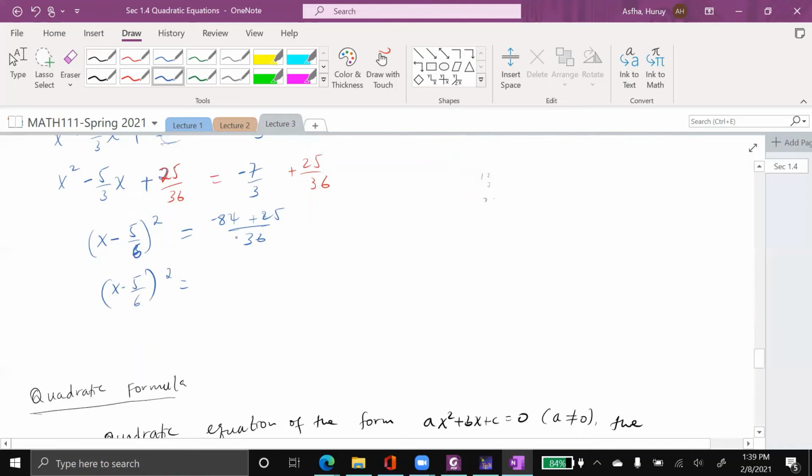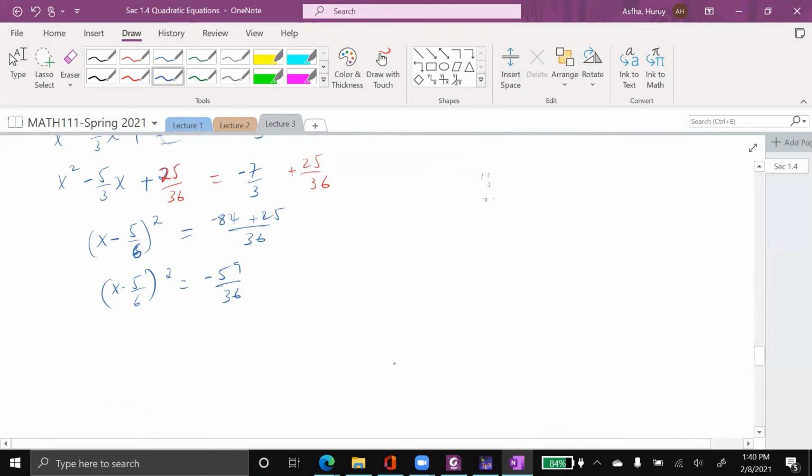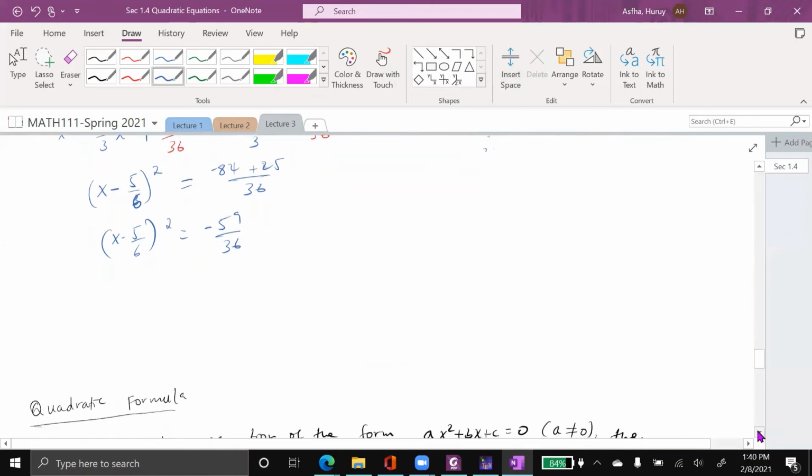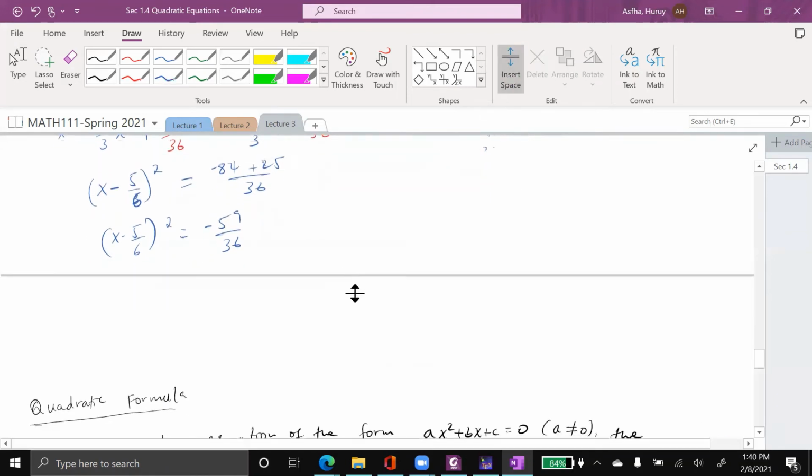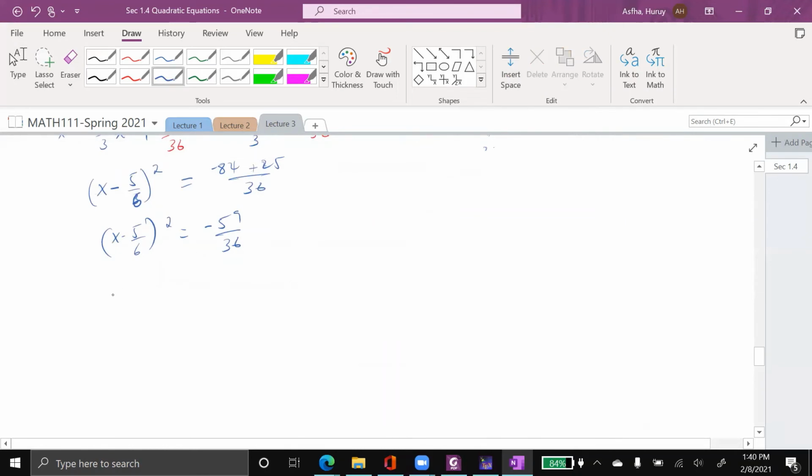This is negative 59, I guess, over 36. I think if I'm right, it is this one. You can use a calculator. Well, not actually. I don't advise you to use a calculator, but you can take your time and assess it.